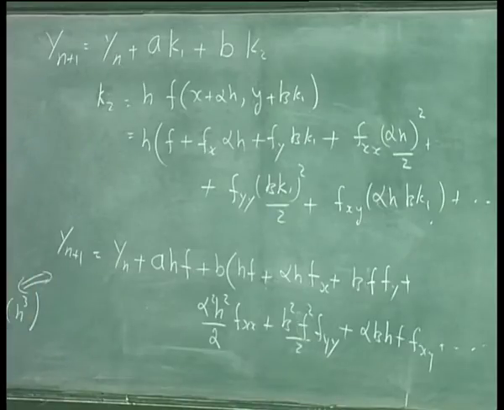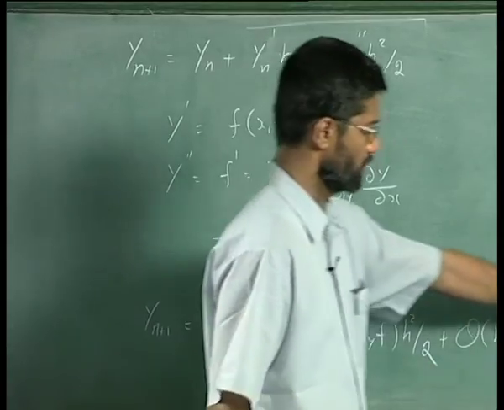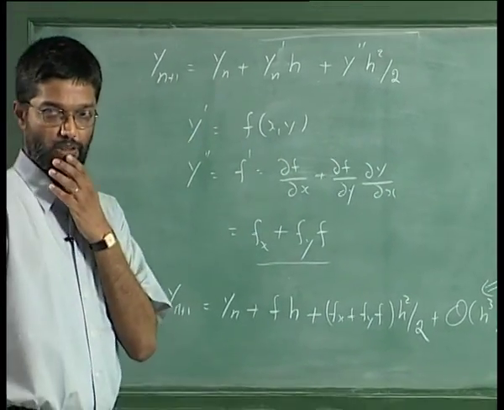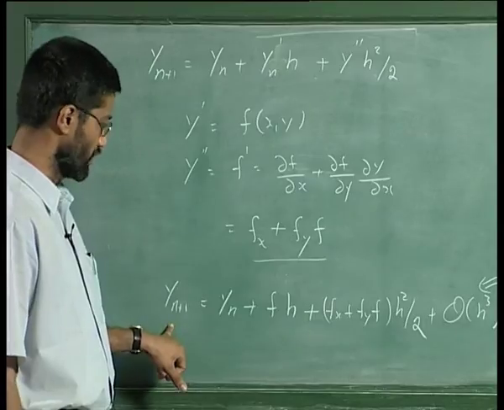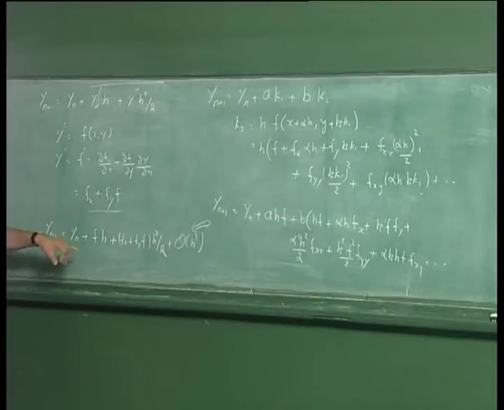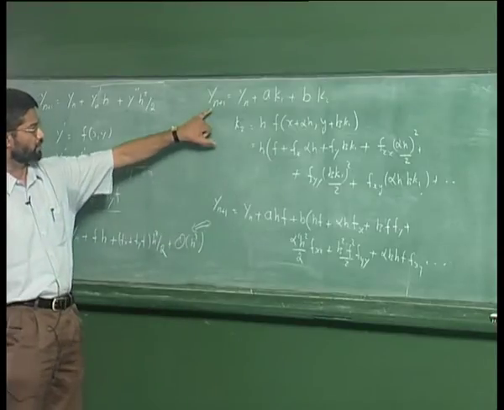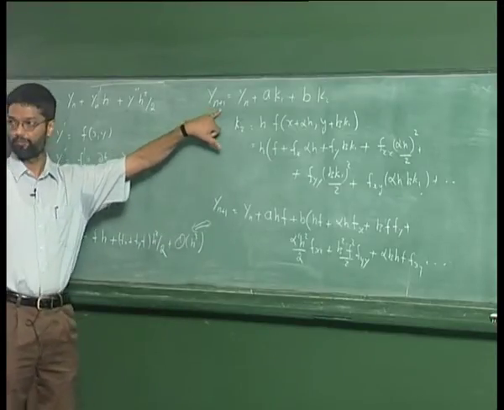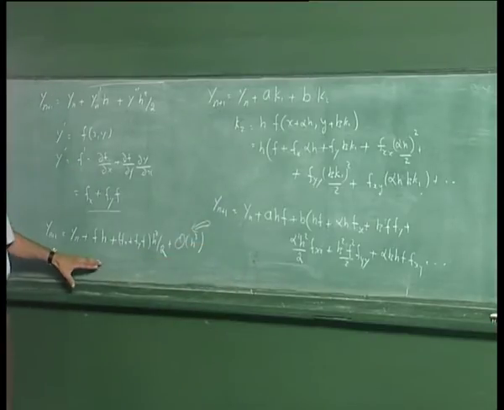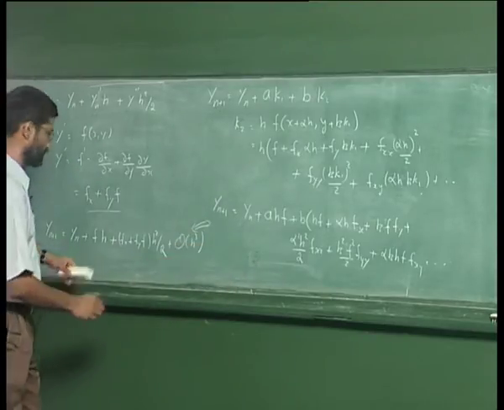So I will have to compare this equation which I obtained, equation number 1, which I can write here again, with the equation which I obtained from yn plus 1. Now I have to compare this one with this one.